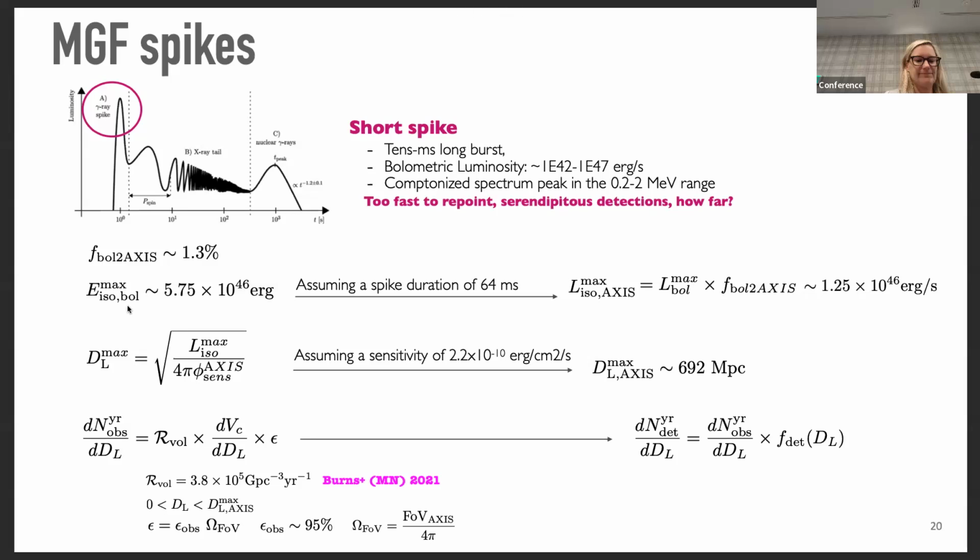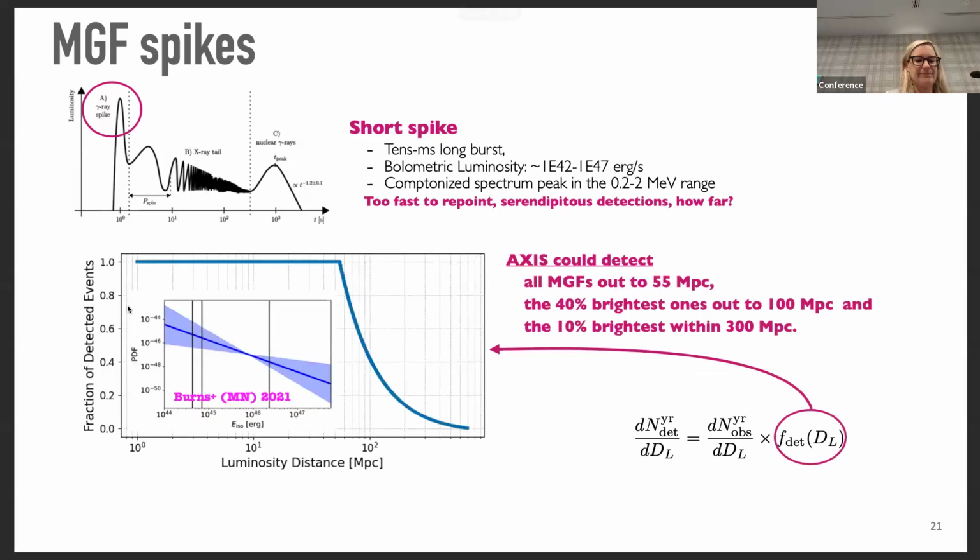This is not all, because then what we want is actually the number of detections, not only things that happen in the field of view. And this is more complicated because these events follow an energetic distribution. And this is kind of like a power law in which you have a lot of fainter events and just a few brighter events. So you have to convolve by that.